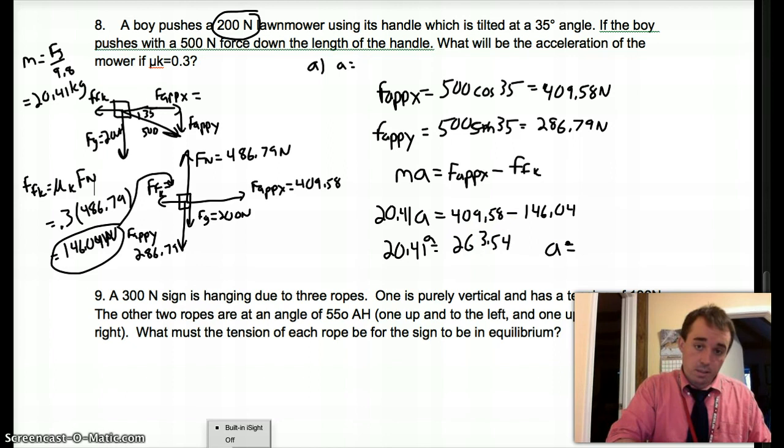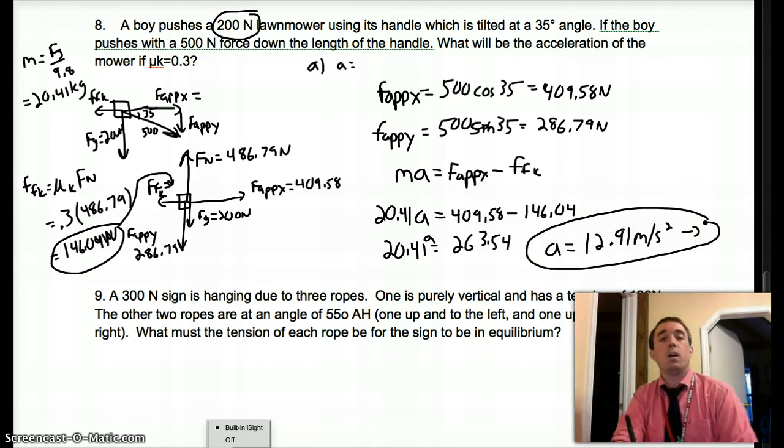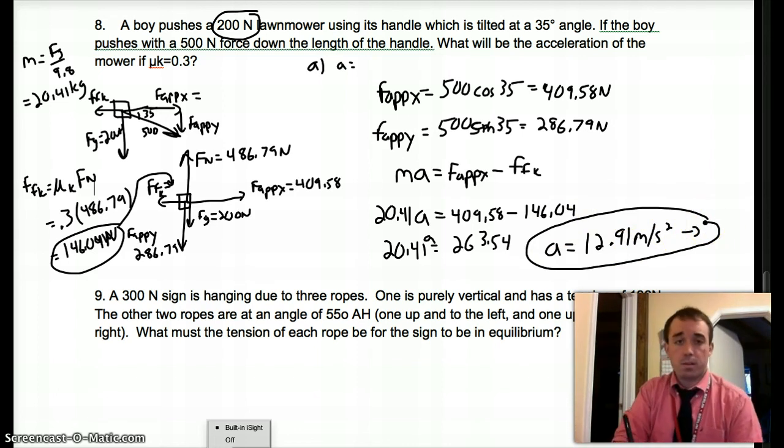A is going to be 263.54 divided by 20.41, which is, in this case, a high number, 12.91 meters per second squared. In this case, as drawn, that would be to the right. Good. Hopefully that helps with that problem.